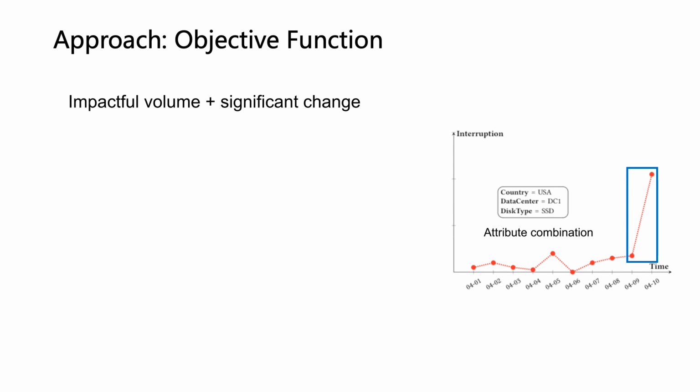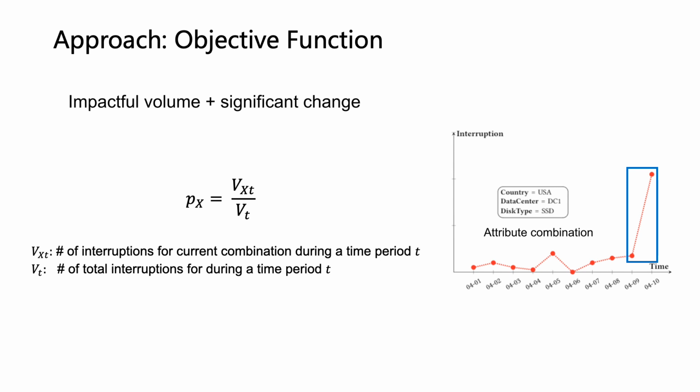In the search framework, we first need an effective objective function to guarantee that we are on the right path. So, we consider two things for finding incidents: the impact for volume and the significant change. We first define a ratio Px to denote the percentage of interruptions of the current combination among all interruptions.